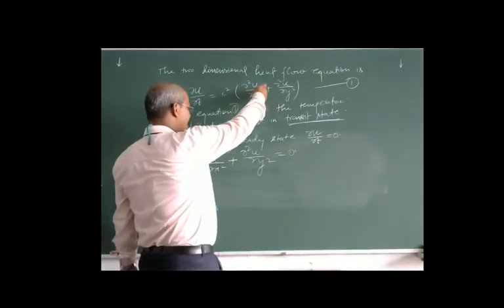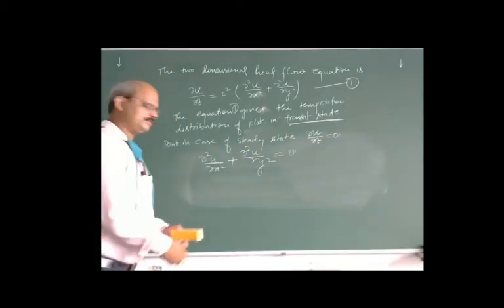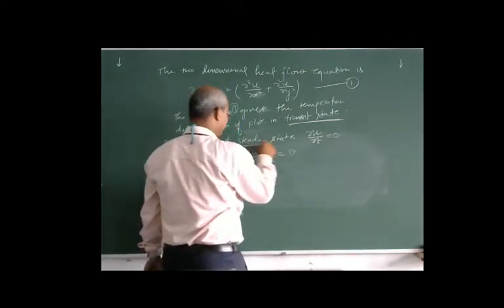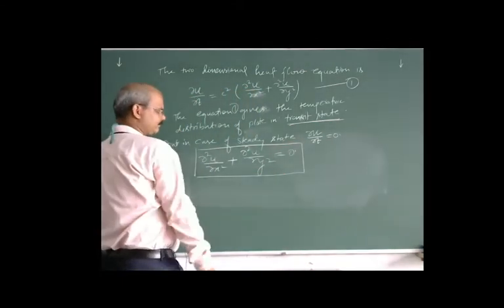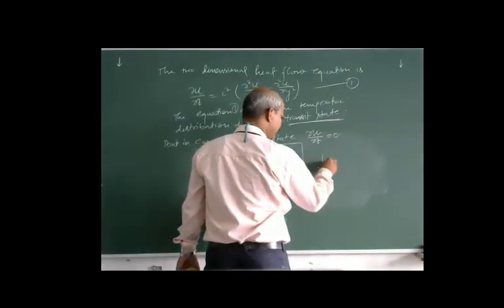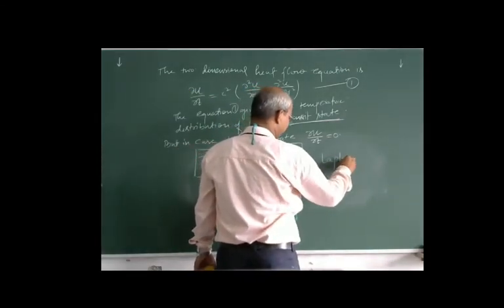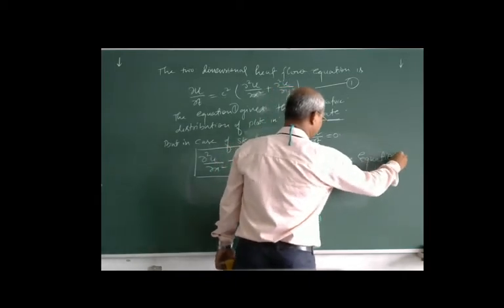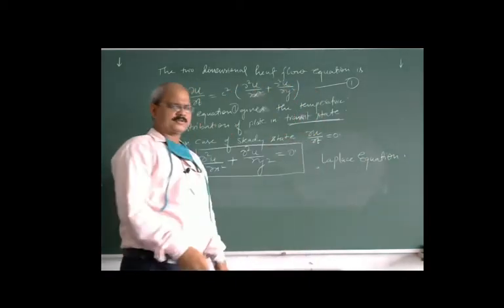This equation is converted to this form, and you know very well, in the previous class you have learned about this equation. This is said to be the Laplace equation.